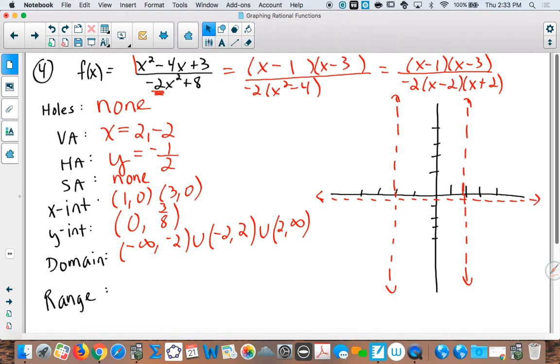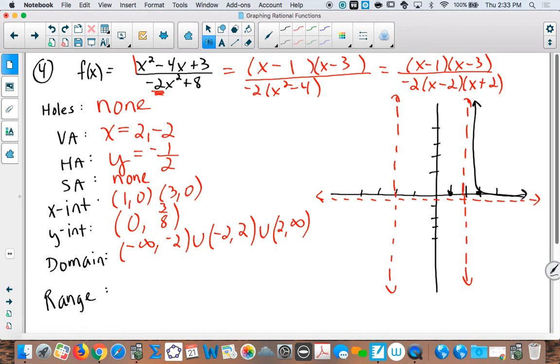Let's look at our points and see if they help us at all. X-intercept, (1, 0), which is here, and (3, 0), which is here. The (3, 0) helps us out, right? Because that's going to tell us I'm going to have a branch right here. Hug the asymptotes. There we go. I don't know what to do in the middle yet, so I'm going to wait on that.